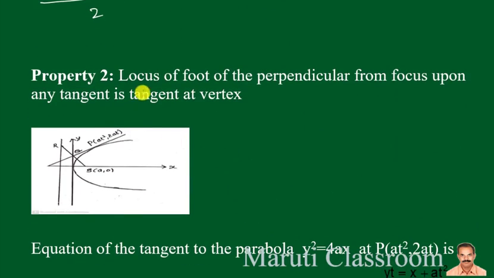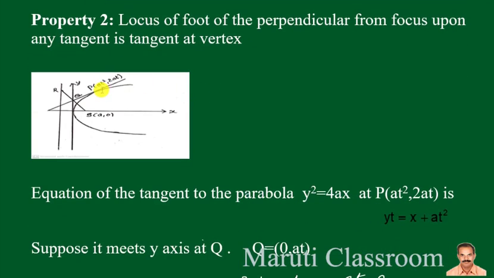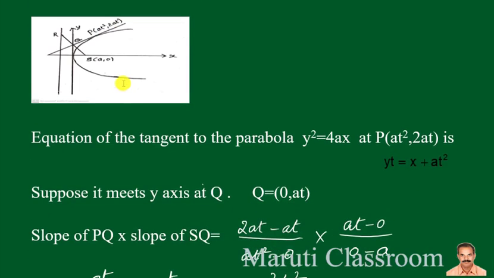Next property: the locus of the foot of the perpendicular from the focus upon any tangent is the tangent at the vertex. Take a point P (at squared, 2at) on the parabola. We know the equation of the tangent to the parabola y squared equals 4ax at (at squared, 2at) is yt equals x plus at squared.